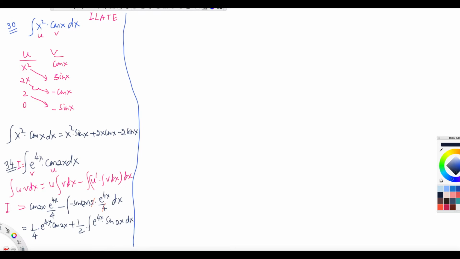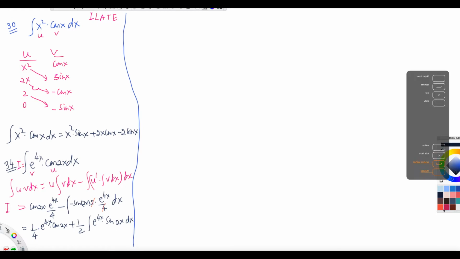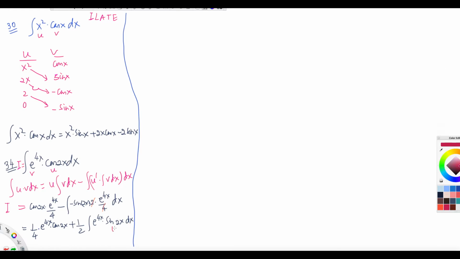All right, so basically there is again a product. You see that? There is again a product. So we will do the trig function as u, and then the exponential function as v again.